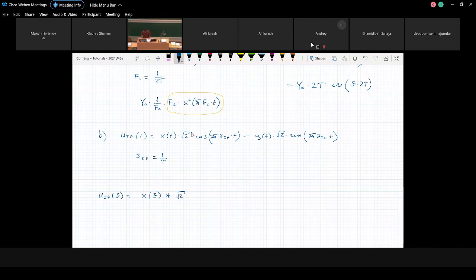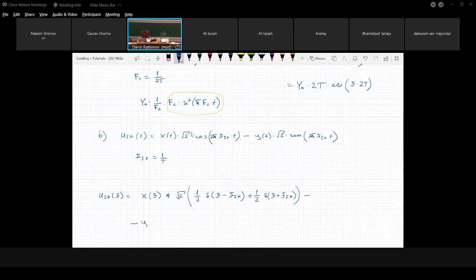Okay, so now for the Fourier transform of cosine, we have delta pulse: 1 over 2 delta pulse at f minus intermediate frequency, plus 1 over 2 delta pulse at f plus intermediate frequency. We have that for cosine.